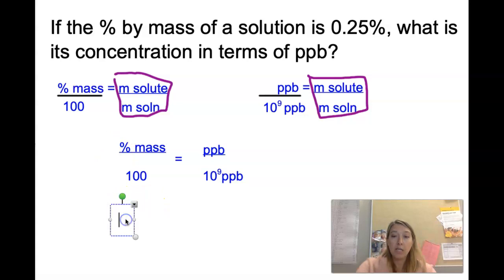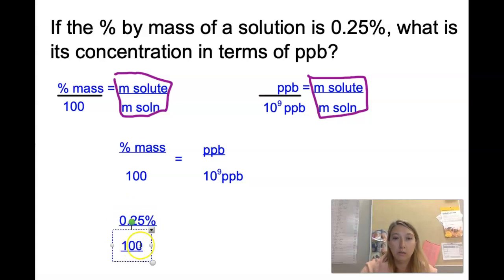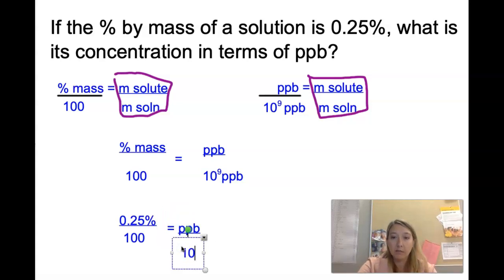So I can say that 0.25% divided by 100 is equal to my parts per billion divided by 10 to the 9.